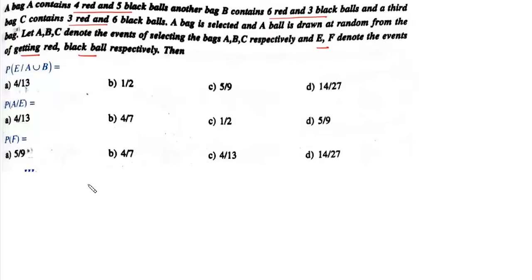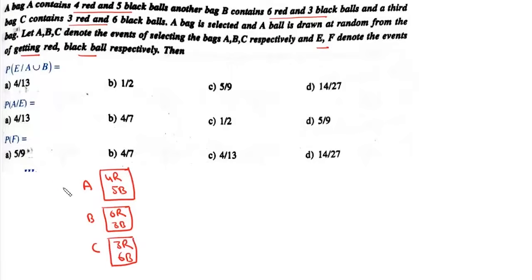Now we have 3 bags, A, B and C. Now A has 4 red and 5 black. B has 6 red and 3 black. And C has 3 red and 6 black balls.